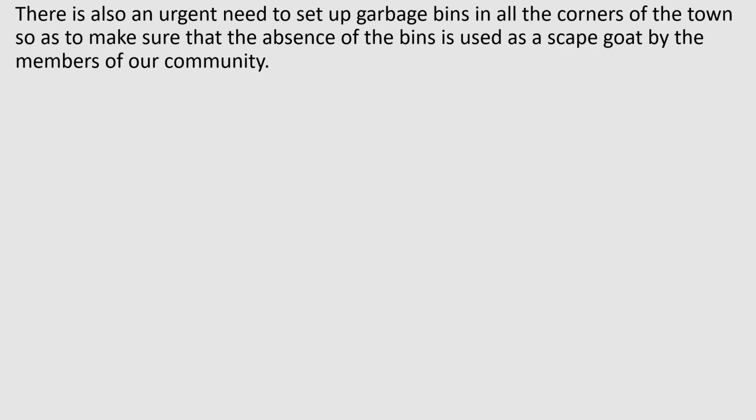There is also an urgent need to set up garbage bins in all the corners of the town so as to make sure that the absence of the bins is not used as a scapegoat by the members of our community. A scapegoat is something you use as an excuse. Okay, so we continue.